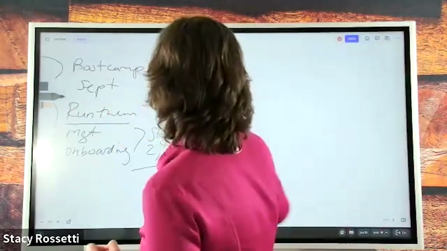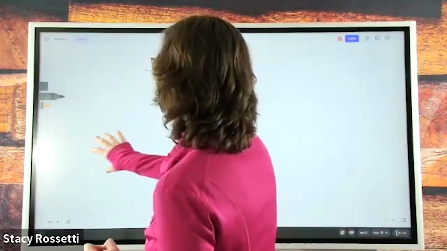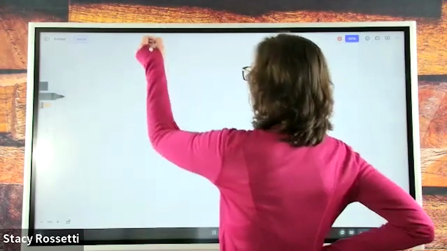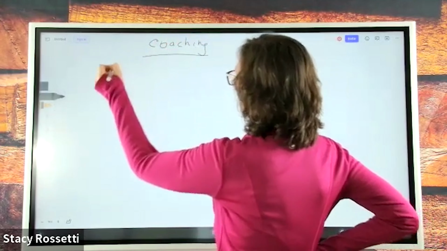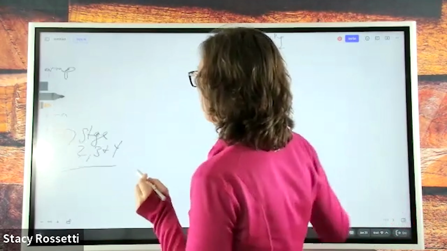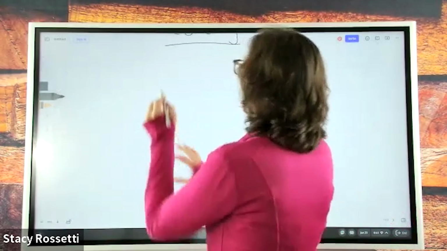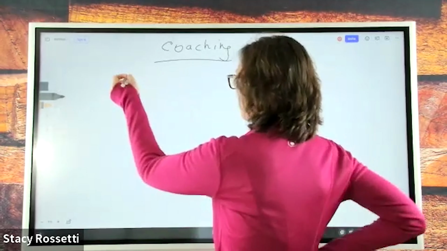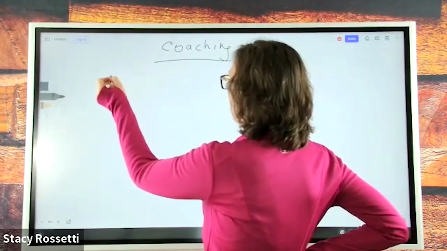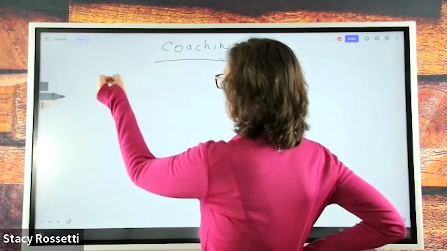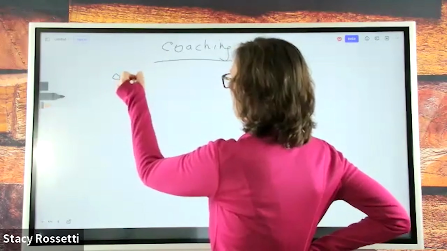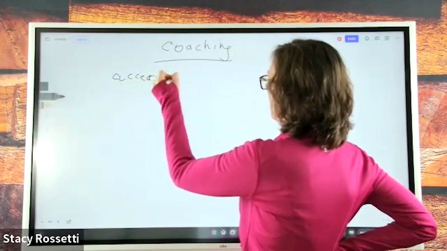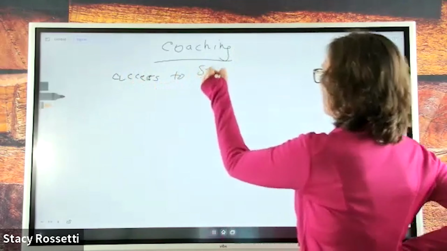And then what I wanted to do here is just go into how the coaching works. This is how we do it, so y'all can check to see. The first thing that you do when you sign up for Storage Nerds is you get access to Super Simple Self-Storage.